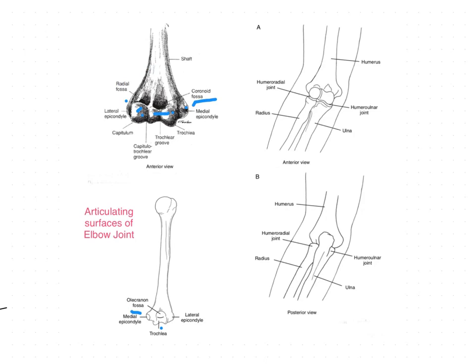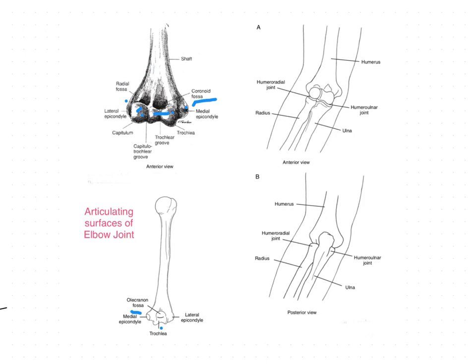Okay, these are the proximal articulating surfaces or articulating structures which are seen on the lower end of the humerus. These are the anatomical parts. Now we will see in detail about these articulating surfaces.